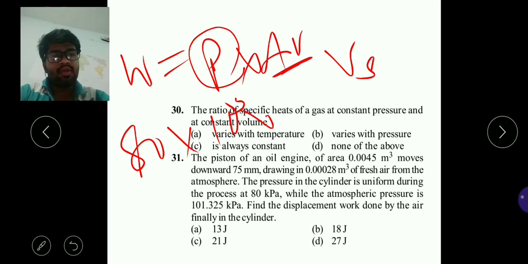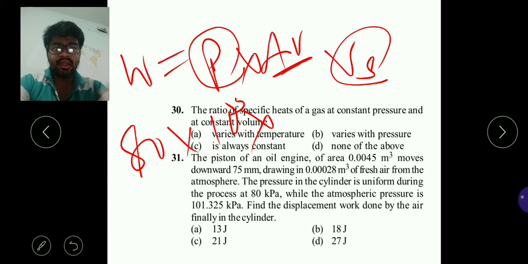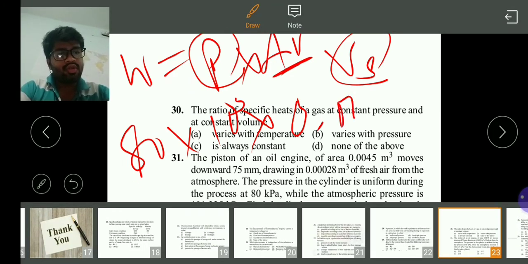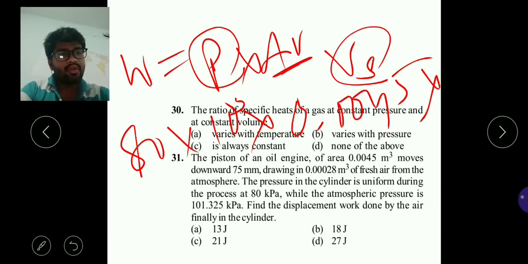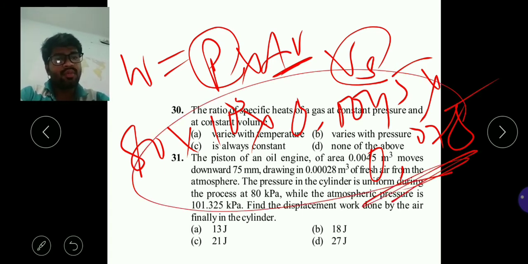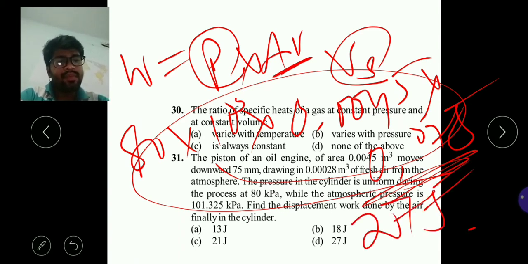Vs we can calculate from the circumference area of the piston, 0.0045, into the stroke length, which is given as 0.075. If we multiply these three terms, we get 27 joule. So calculate this and find out the answer.